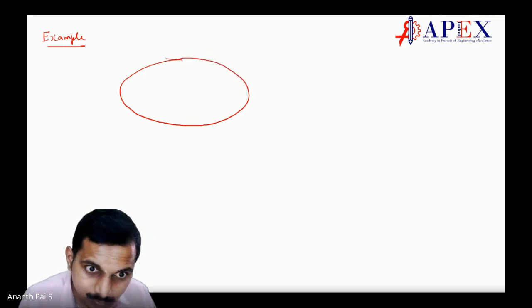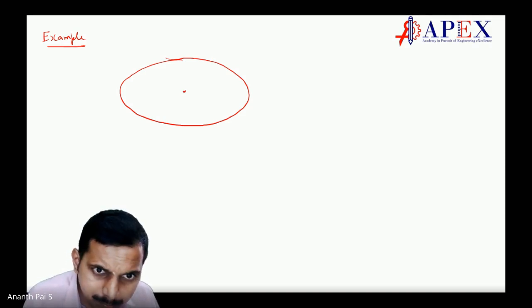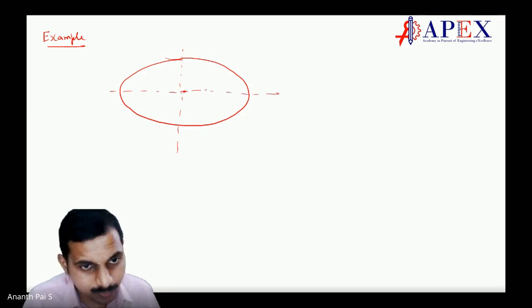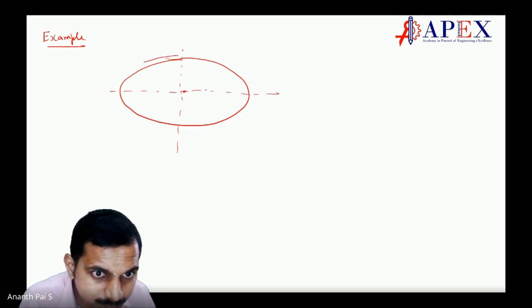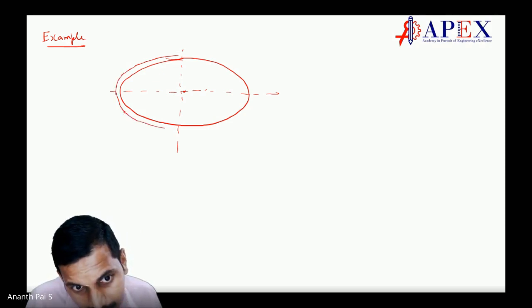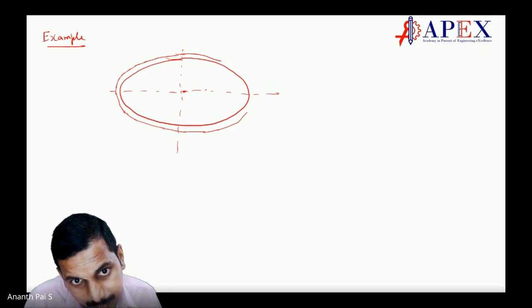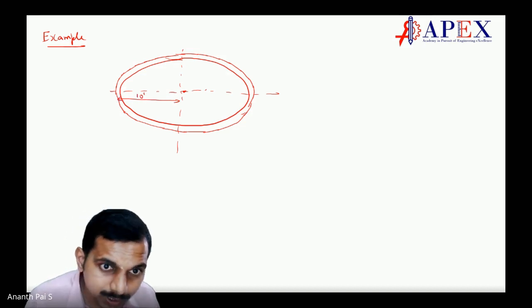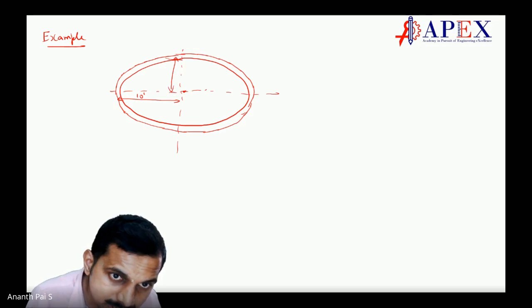An ellipse with the major axis. We have an elliptical trammel, say it is like this. This is a slot, which is an ellipse, and this distance is 10 feet, and this distance is 6 feet.